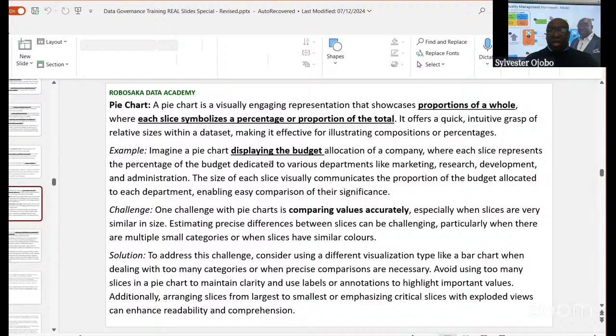So there is good governance in respect to what is expected to be displayed and talked about. An example of this is a pie chart displaying the budget allocation of a company, where each slice represents the percentage of the budget dedicated to various departments like marketing, research and development, and administration. The size of each slice visually communicates the proportion of the budget allocated. So this is simple. That's what Barrister just said.